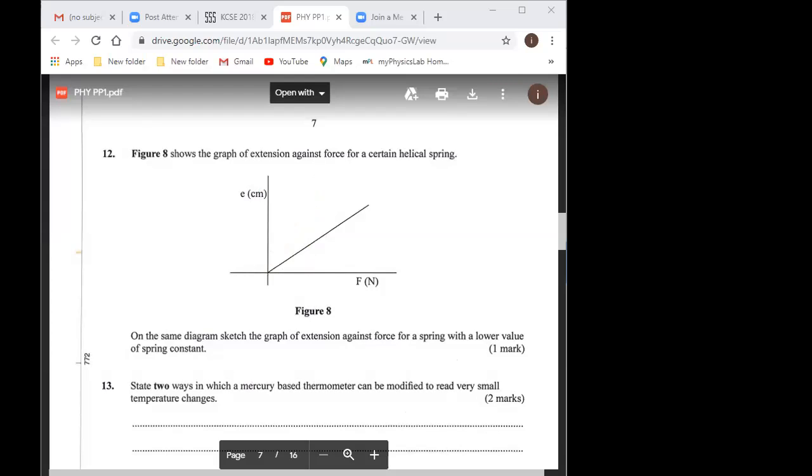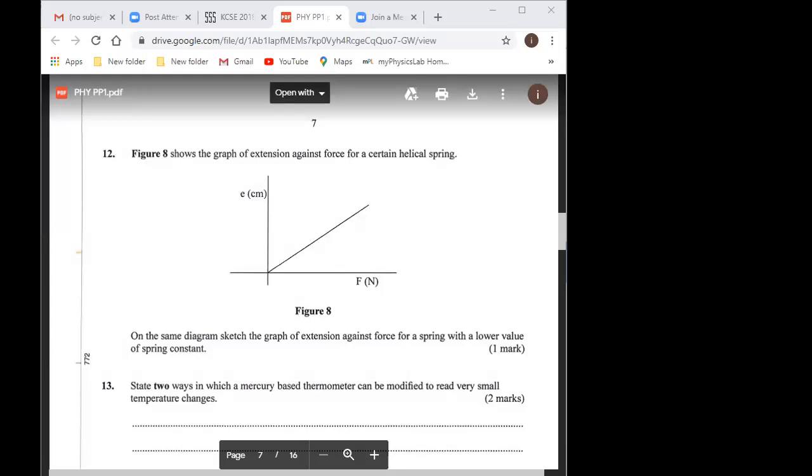Having a thin bulb so that you can detect minute temperature changes. That is it, but make sure you use comparative language. Thinner bulb, not thin. Using a thinner bulb. Another one?